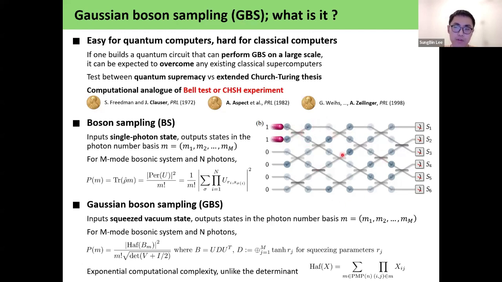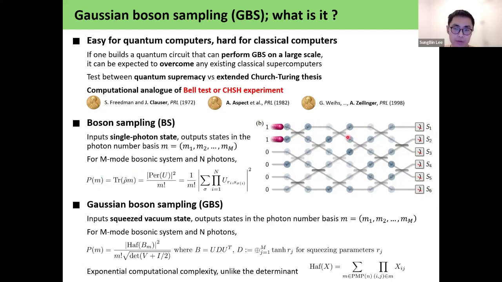So if you use this interferometer and estimate the outcome probabilities in the single photon basis, then you measure the photons in M. The M is a bit string from 000 to 111.